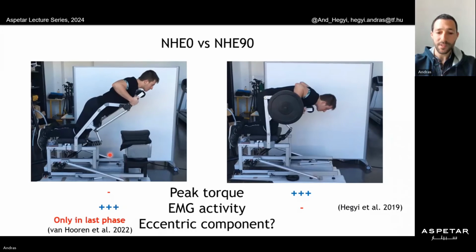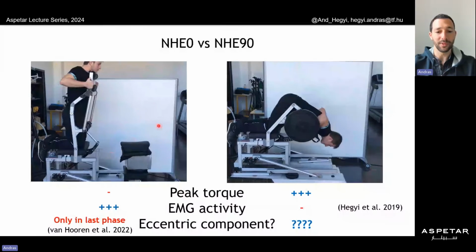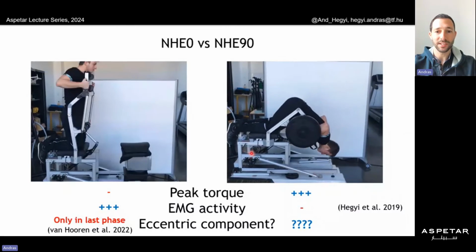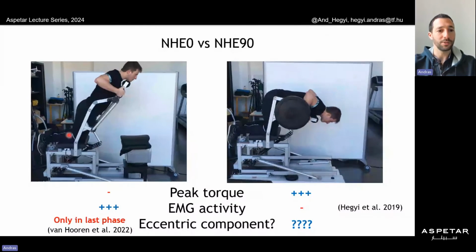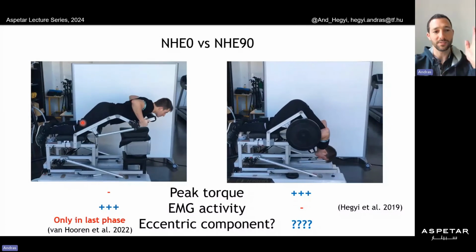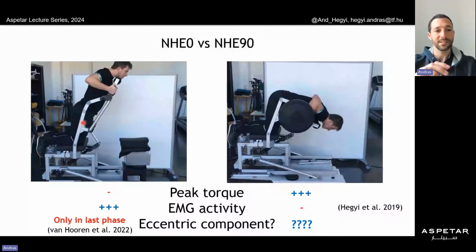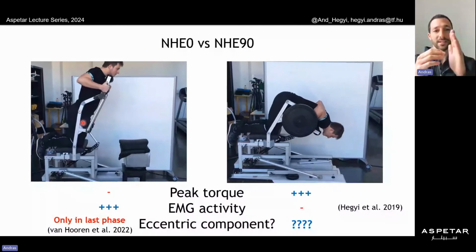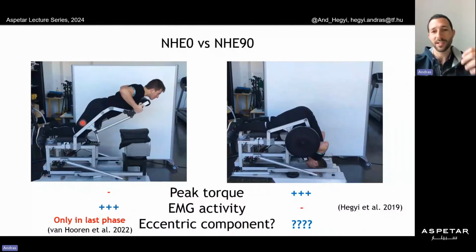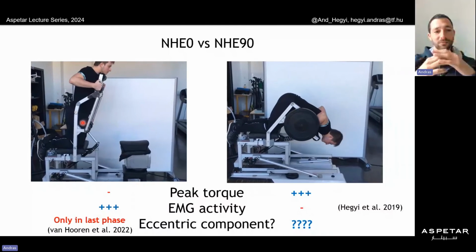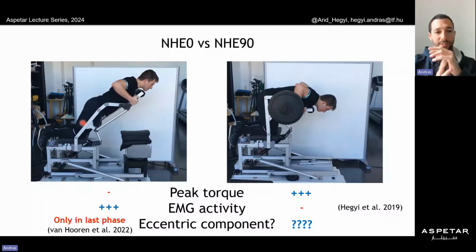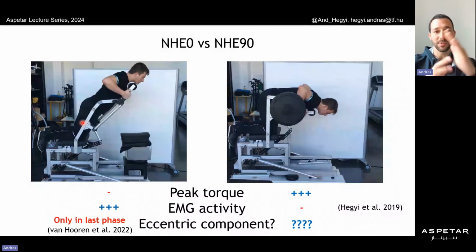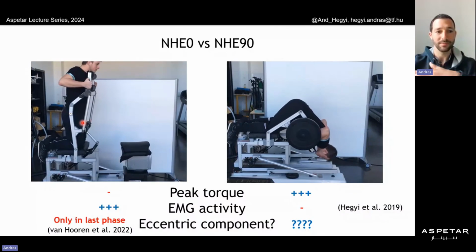So we don't know if the eccentric component is actually larger in the flexed hip position, but we have a few studies showing that in most of the Nordic hamstring exercise, at the fascicle, or muscle fiber, level, we have mostly an isometric contraction. We have most of the elongation in the tendon, and the eccentric part comes only at the end of the movement, when basically the athlete cannot hold himself and falls.